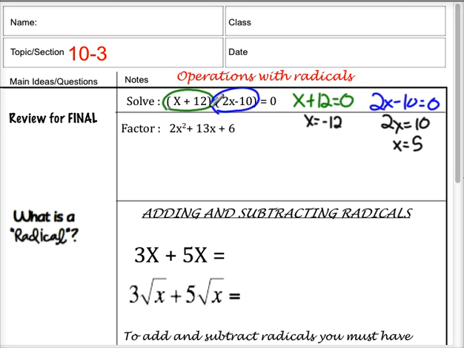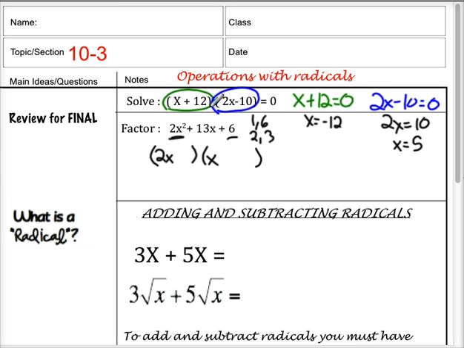When it comes to just factoring, like the next one, remember quadratic trinomial means you're getting two parentheses. Where is that 2x squared coming from? Well, that 2x squared is coming from 2x and x. Now that 6 can come from either 1 and 6 or 2 and 3.